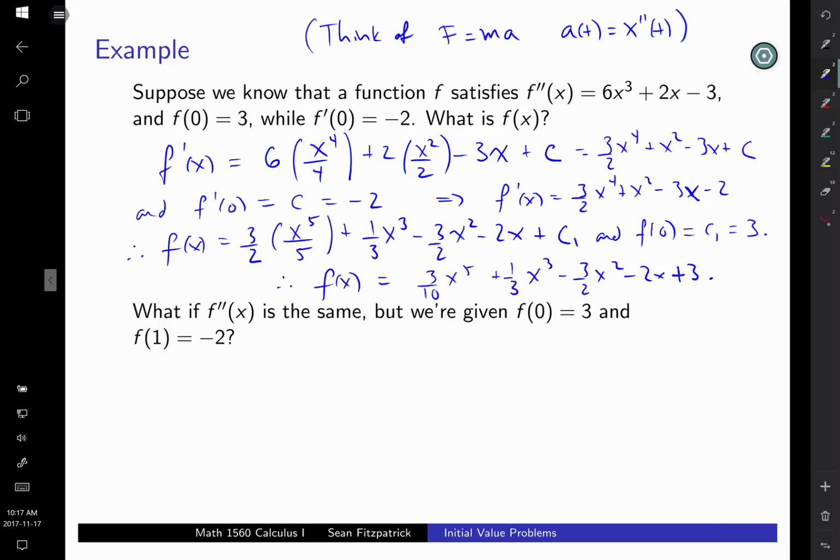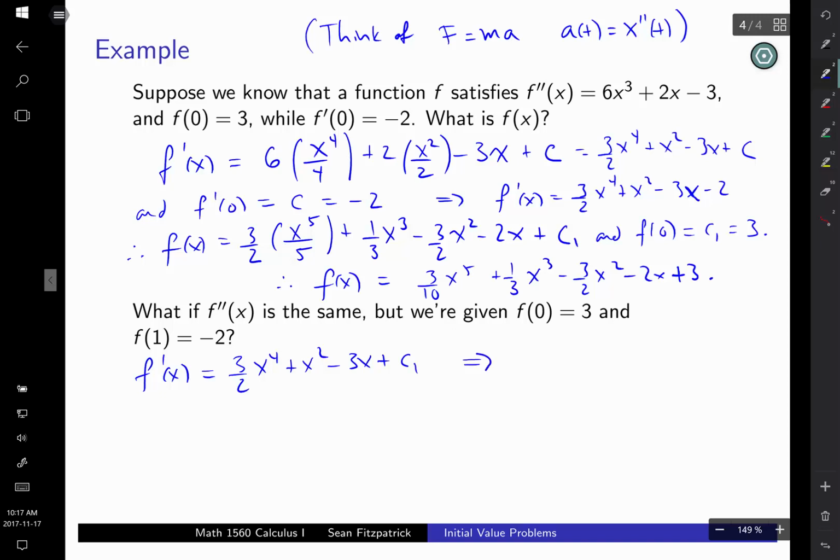So how does this work? Well, it works the same way as above, except that when I calculate f prime, I do my antiderivative and I get 3 over 2 x to the 4 plus x squared minus 3x plus c, and I don't know what that c is, so I'm going to leave that and just call that c1. Right?